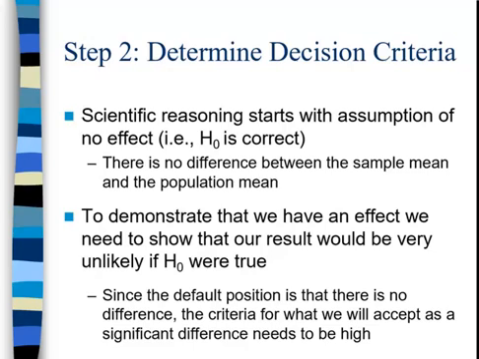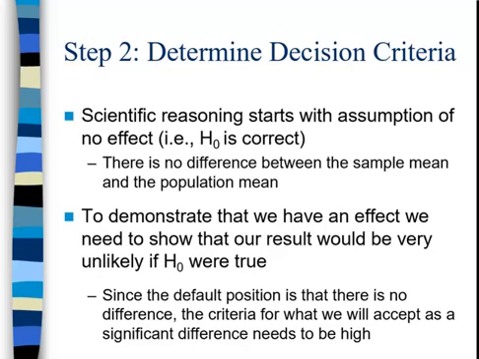Certainly we hope that we do, since the point of running an experiment is hoping to find an effect. But from a professional, non-biased, objective point of view, we start off with the assumption that the null hypothesis is correct, meaning that there should be no difference between our sample mean and the population mean. So small c conservative here.